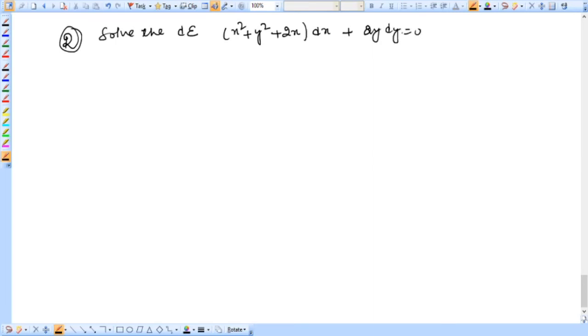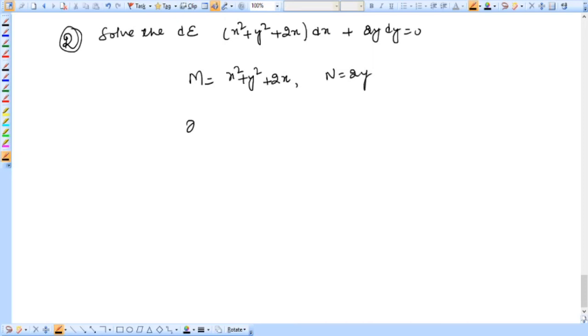So see here, what is M here? Comparing with M dx plus N dy, we get M is equal to x square plus y square plus 2x and N is equal to 2y.